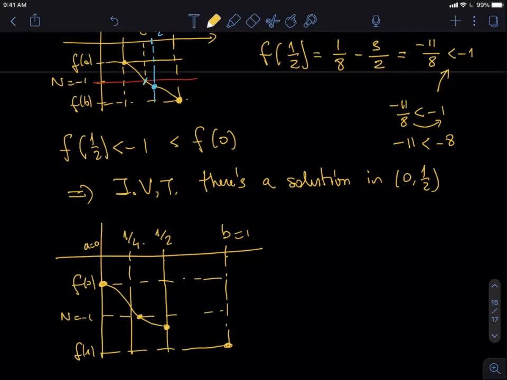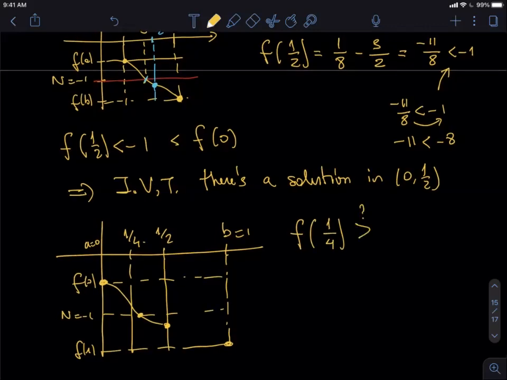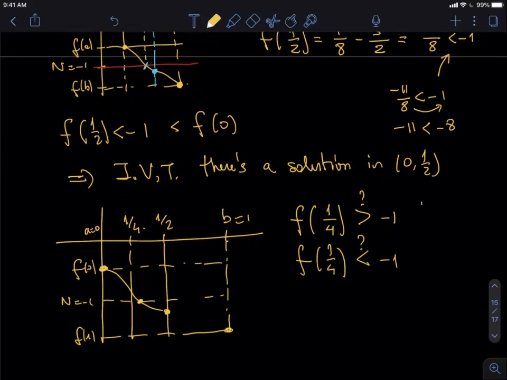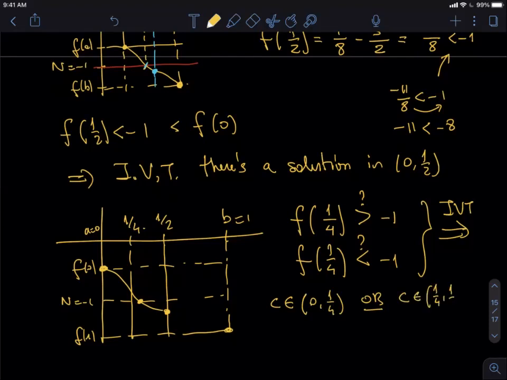Now what we need to understand is if f at 1/4 is bigger than -1, or is it smaller? Because once we know that, we will know by the theorem that the solution is in 0, 1/4 or in 1/4, 1/2.